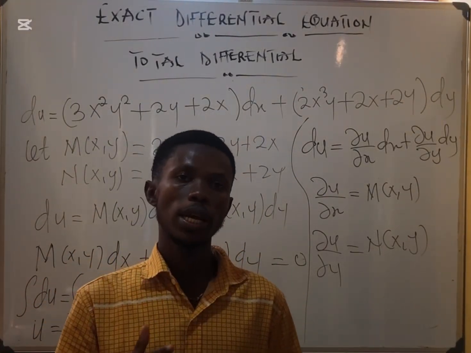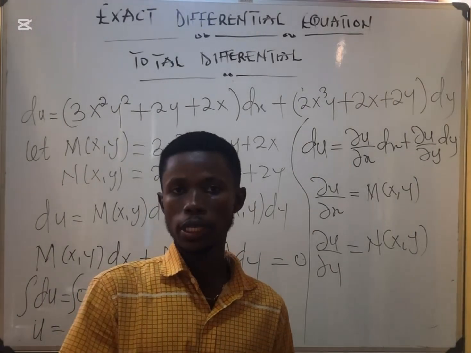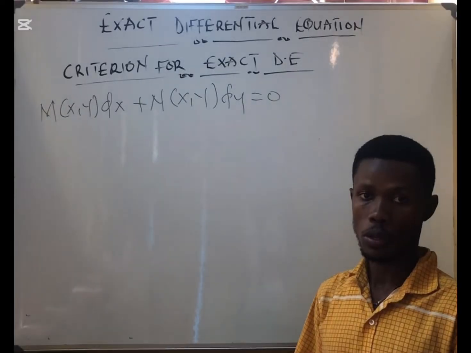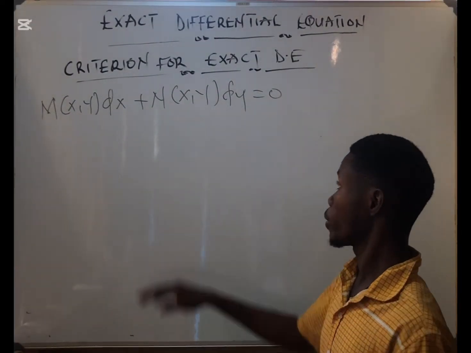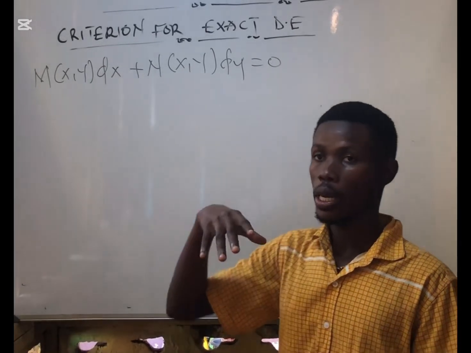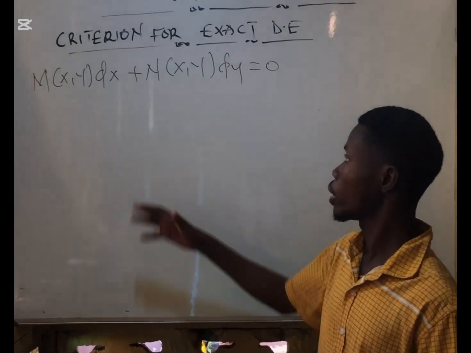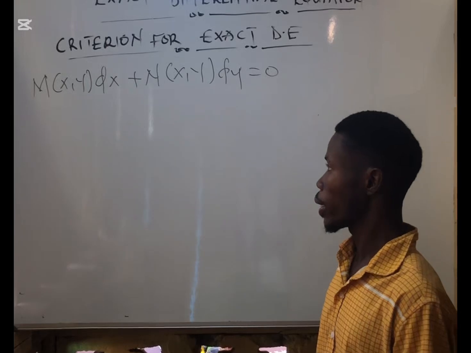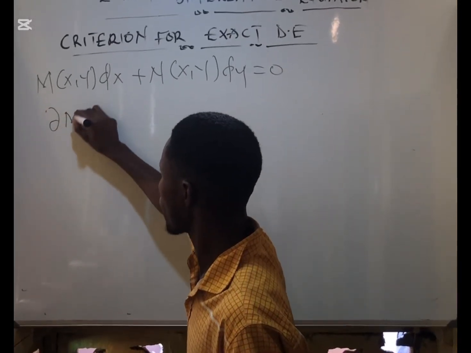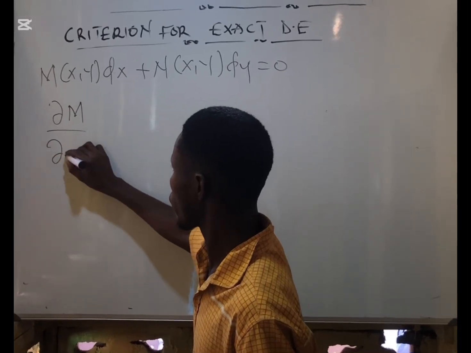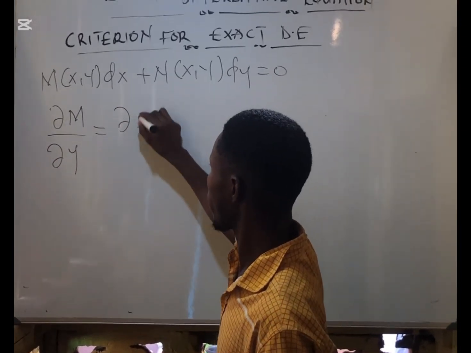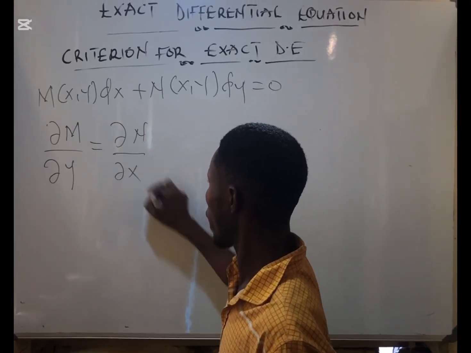Now let's look at the criteria for an exact differential equation, or exact equation. At which point can we say that this equation is exact? The only way to know is that when I take the partial derivative, delta m with respect to delta y, and it equals delta n with respect to delta x.